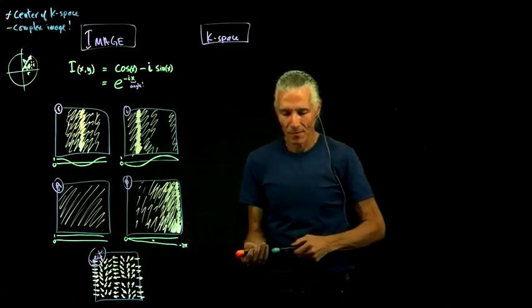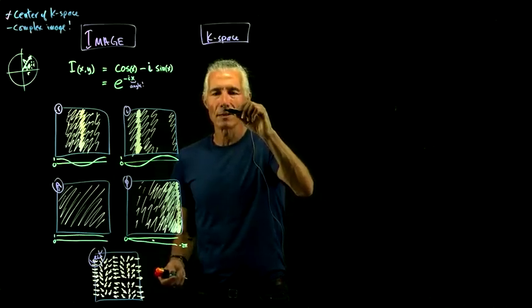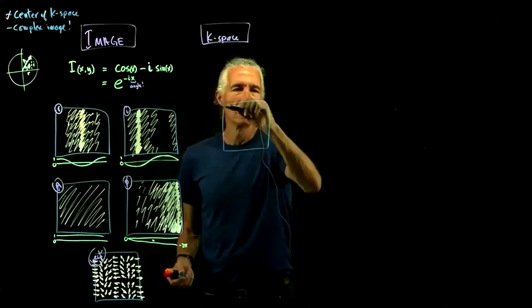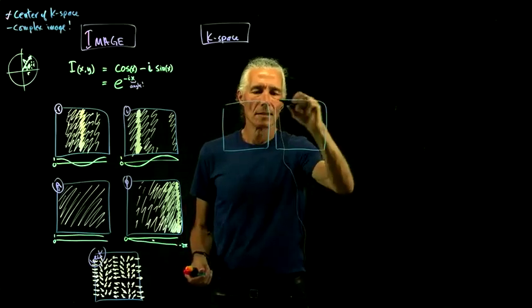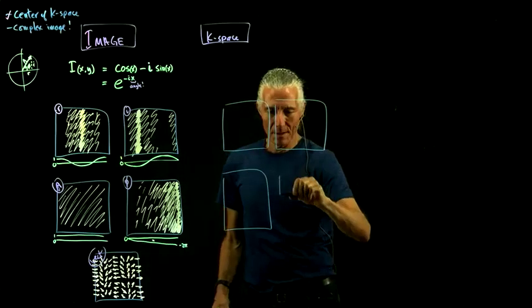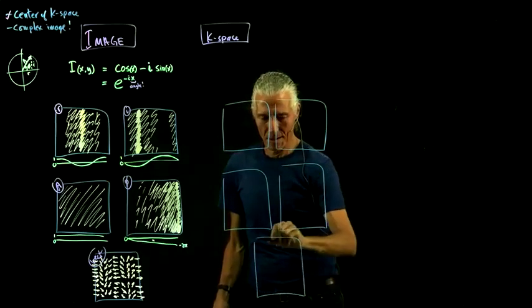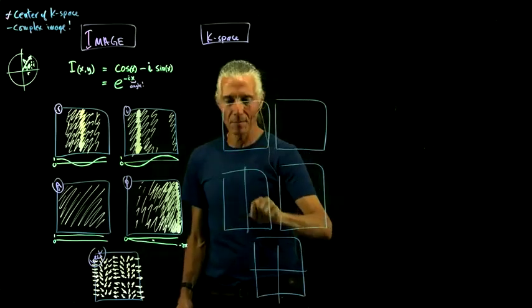So if we draw our Fourier transform picture over here, what is that going to look like? It'll look quite simple. So this is our kSpace.